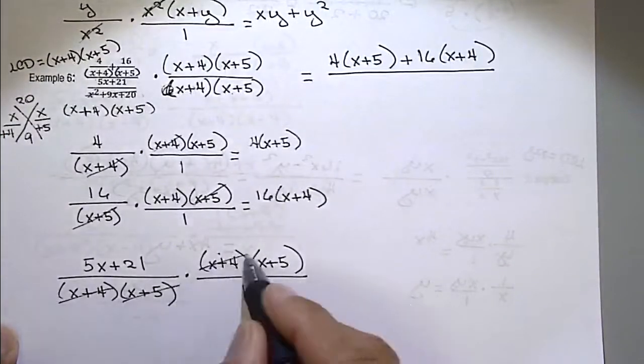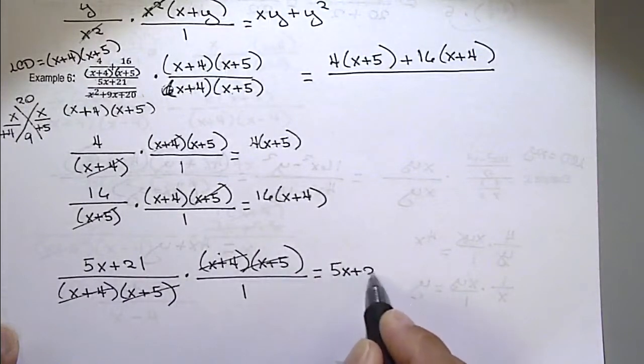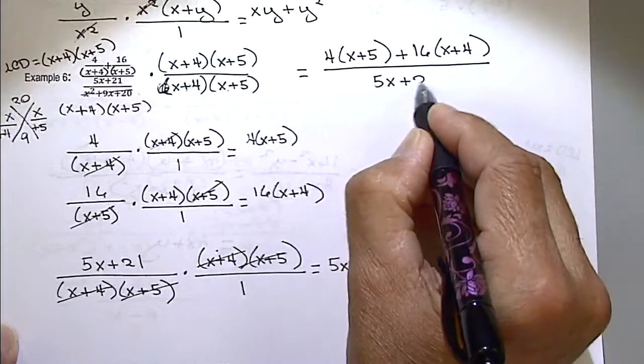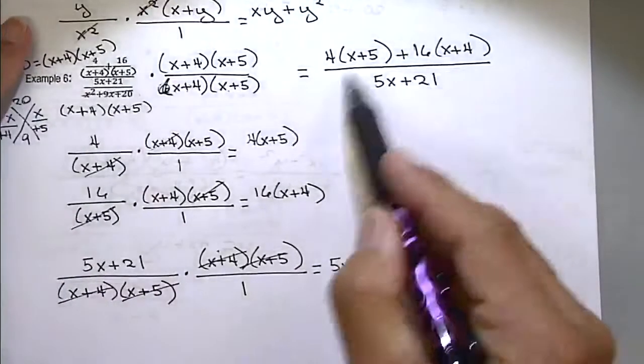These cancel completely, and what you end up with is 5x plus 21. So that became my denominator. That was hard, all right? That part's hard, isn't it? So make sure you understand the steps we took. Are we good?